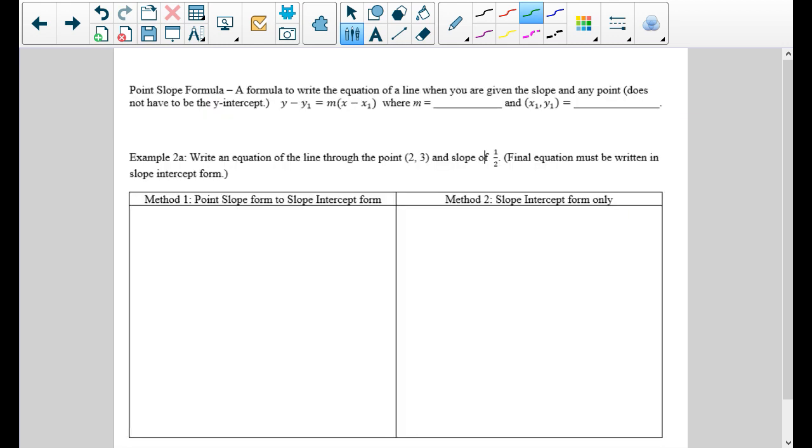Point-slope formula. So we have a point-slope formula, okay? If you're given the slope and a point on that line, we can use what we call this point-slope formula right here. x1, y1 are just a point, the point that's given, and m is still the slope.